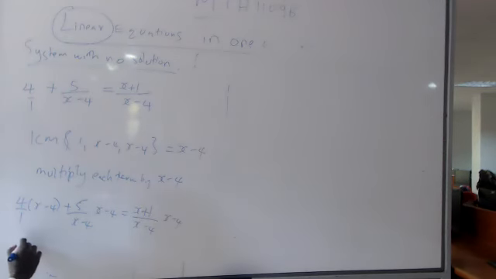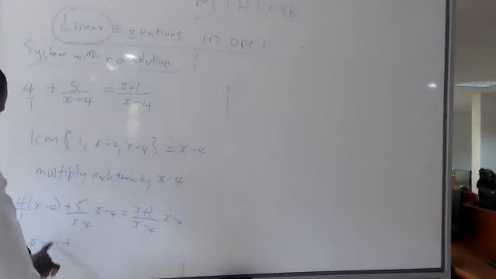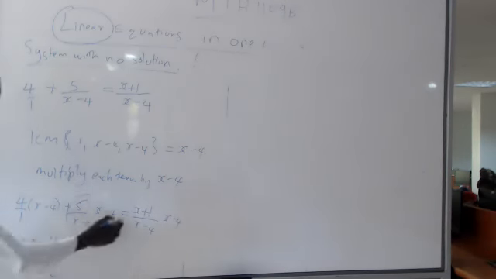First, we have 4 times x minus 4, so 4x minus 16. Sorry about that, 16.